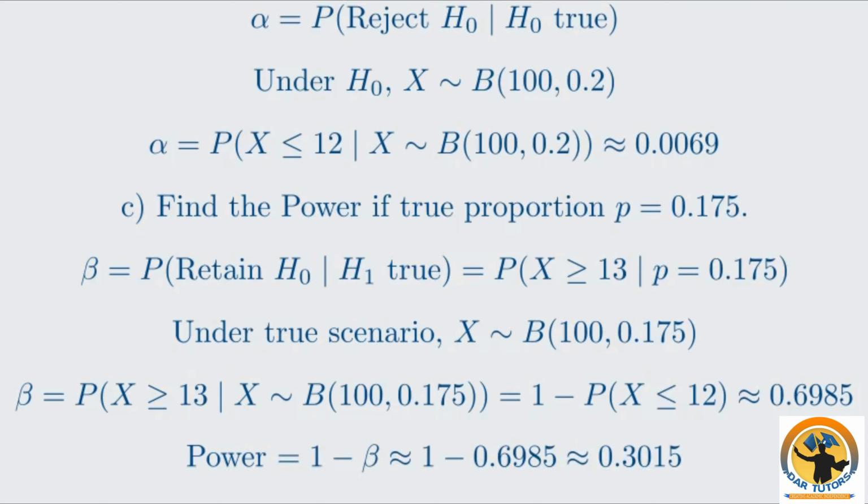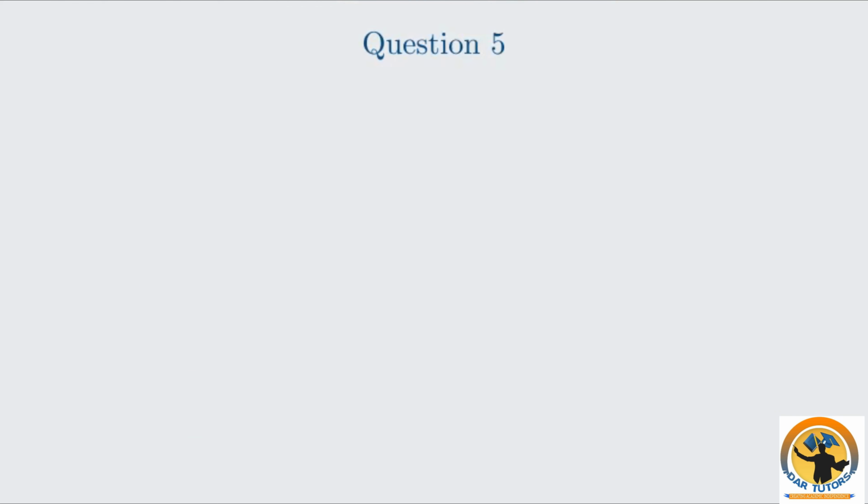This is 1 minus P(X ≤ 12), which is 1 minus 0.3015, giving a beta of 0.6985. The power is 1 minus beta, which is 1 minus 0.6985, giving a power of 0.3015. So, for a true proportion of 17.5%, the test only has about a 30% chance of correctly concluding that the advertisement is misleading.